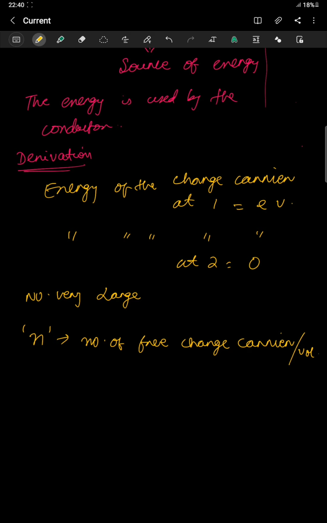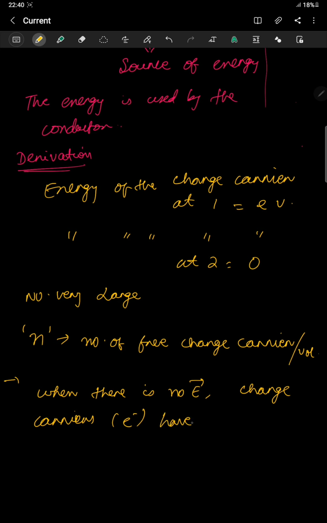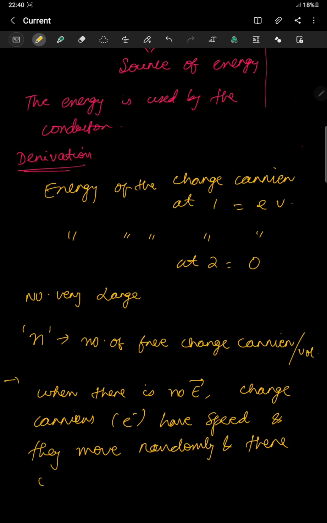Now what happens? The first point is, when there is no electric field, the charge carriers, which are the electrons, have speed and they move randomly, and there is no net displacement.